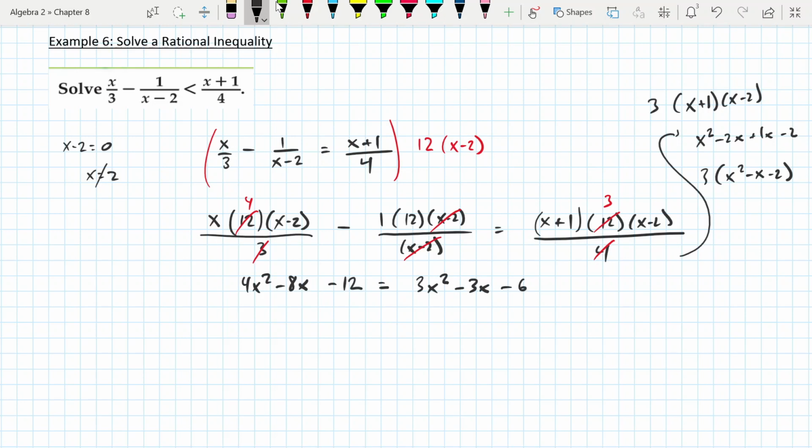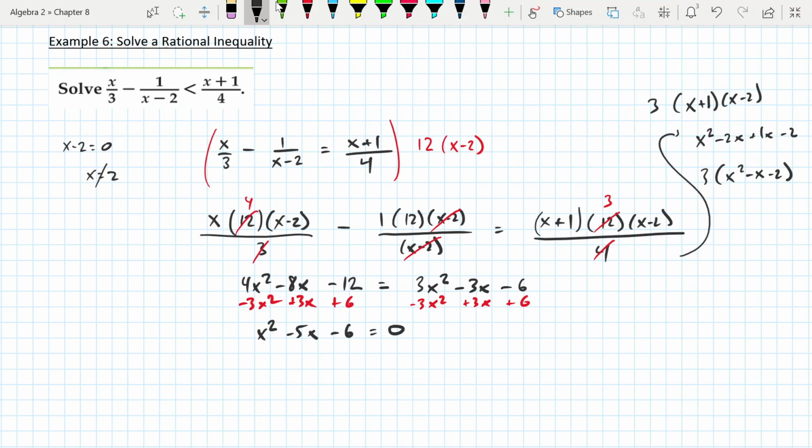Now it's a quadratic, so I want it set equal to 0, so I'm going to subtract 3x squared from both sides. I'm going to add 3x to both sides, and I'm going to add 6 to both sides. So I have x squared minus 5x minus 6 equals 0.